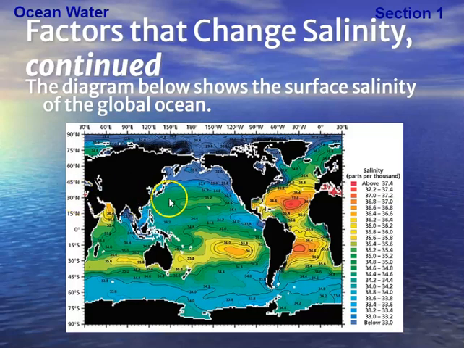We're at the same latitude. So the amount of evaporation is going to be pretty much the same because we're getting the same amount of incoming solar radiation at that latitude. Why would we notice differences in the amount of salinity in the ocean versus those two different places?